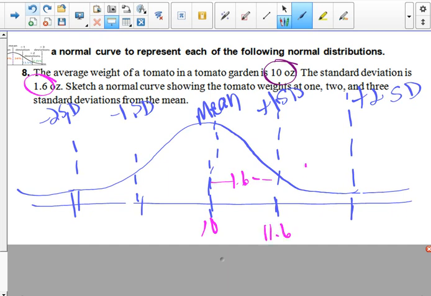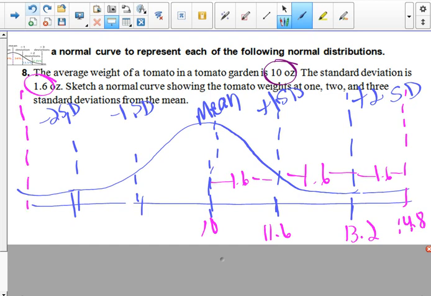And again, add 1.6 to get the next value, and that's going to be 13.2. And now let's get the third deviation. So add 1.6 again. And what are we going to get? 13.2 plus 1.6, 14.8.